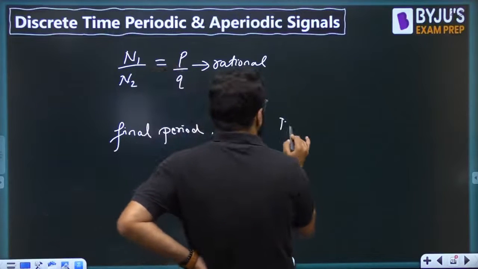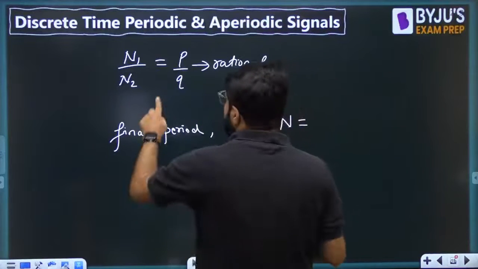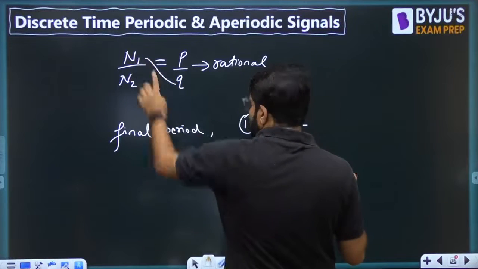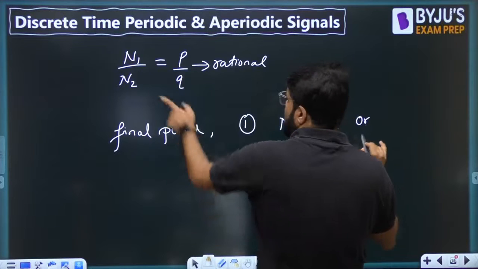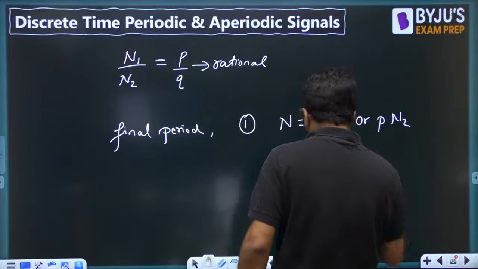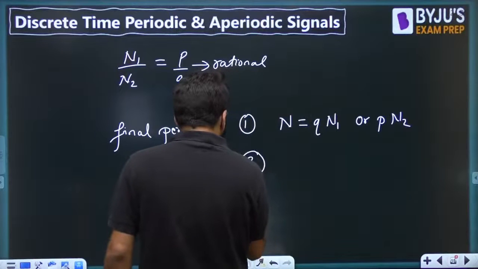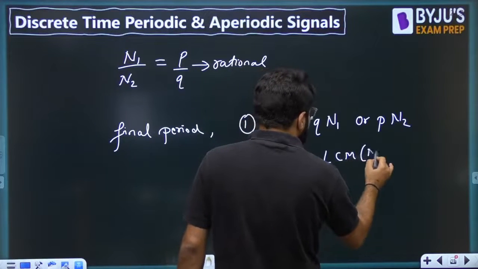First method for the final period, as I told you, is cross multiply. Cross multiply q here, so that will become q times n1, or cross multiply p with n2, that can also be the value. Both will give the same answer. The second method is LCM.